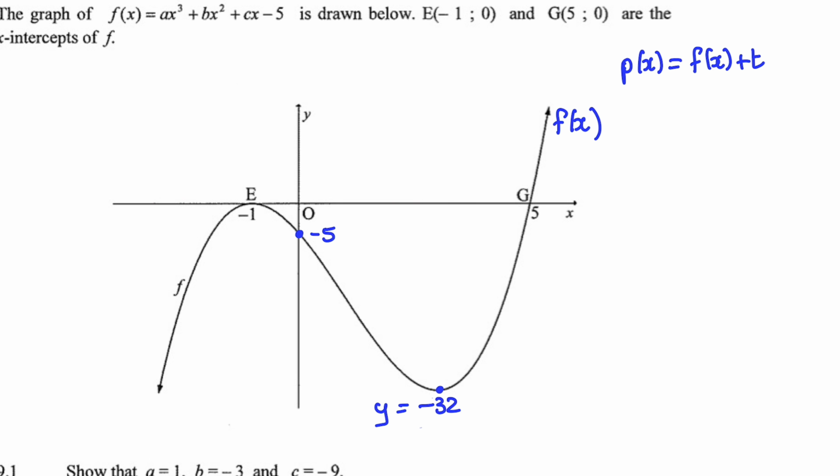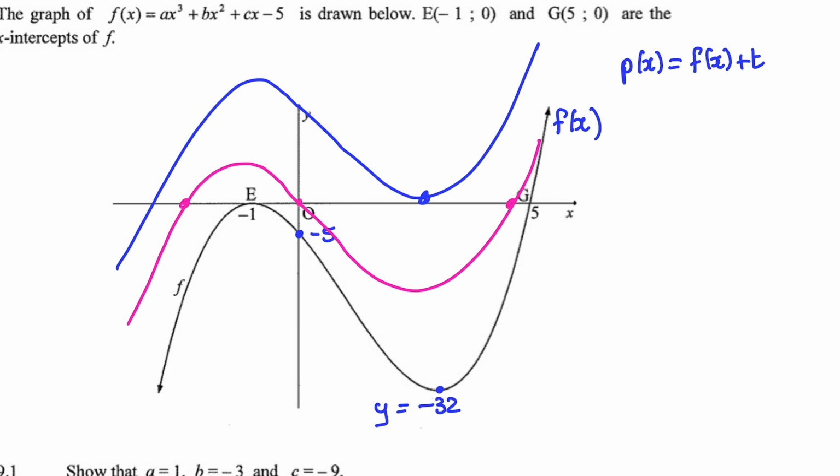Now anything in between that, so let me quickly draw that in. If I move up by 5, I have one positive, one negative, and one root at 0. And if I move up by 32, I'll have one positive root and one negative root.